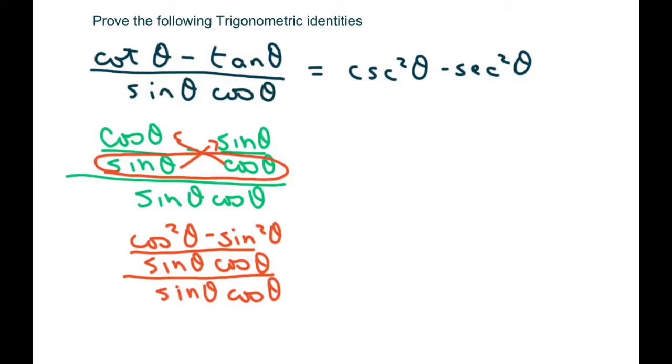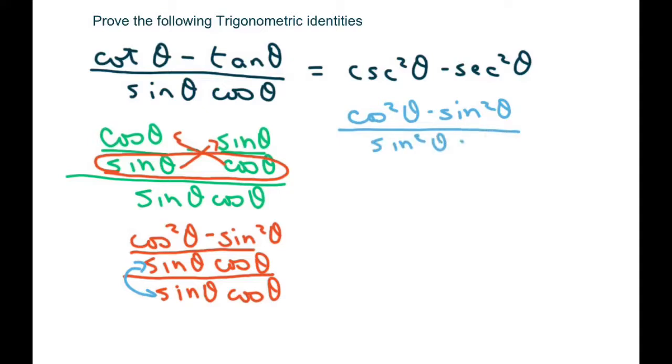Now when you have a complex fraction like this, you can just multiply these two together. So I'm going to write this as cosine squared of theta minus sine squared of theta all over sine squared of theta, cosine squared of theta.